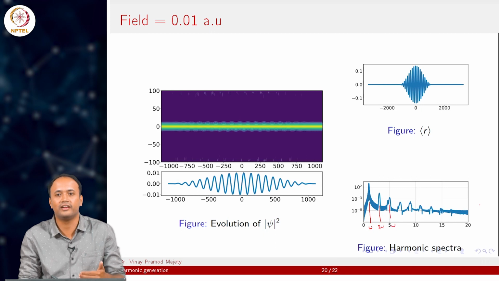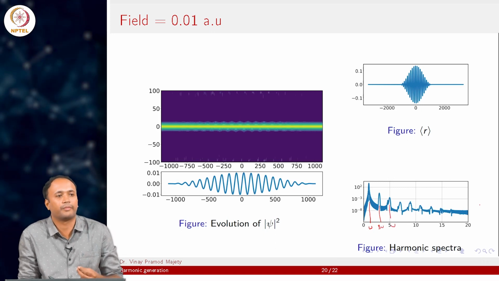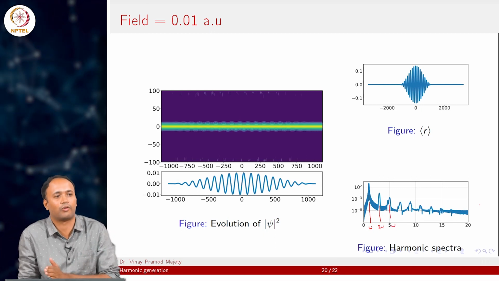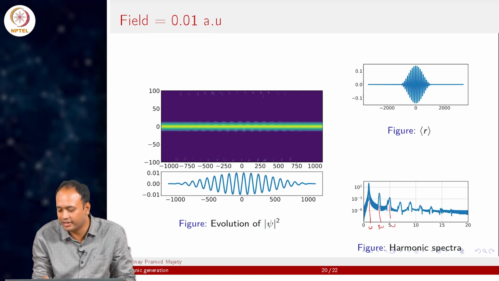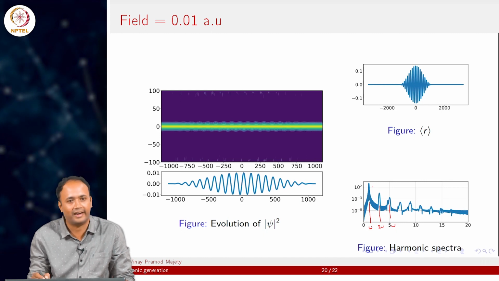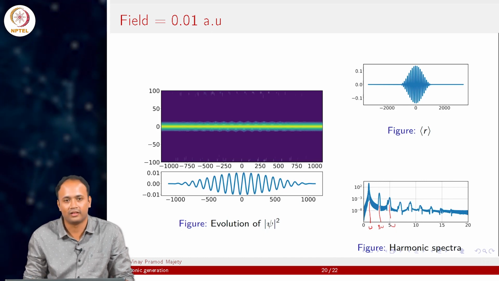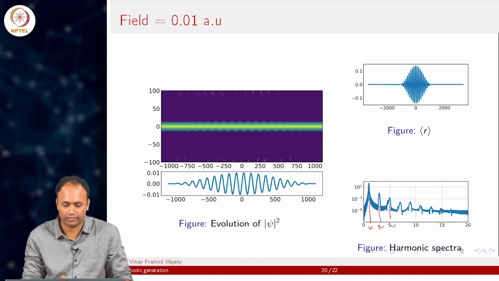The higher the intensity, it now starts becoming a little bit more probable to have those higher order terms and start generating higher frequencies. But then you see that they still keep dropping by at least an order of magnitude, right? So that's with the weak fields.